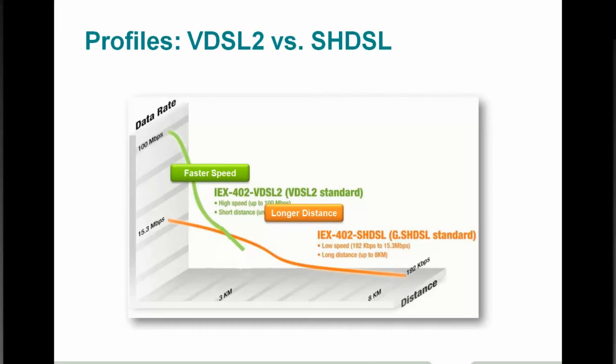Or maybe you've got a manufacturing plant with cabling between buildings that was meant for your PBX system, or for telecom purposes, that you might be able to reuse. So it's real important to understand there are different profiles for these technologies, and some are better than others for different types of applications.